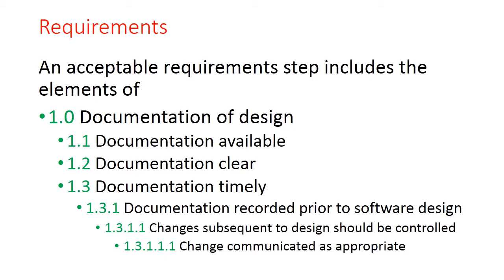Next point is about requirements. An acceptable requirement step includes elements of documentation of design. As I said earlier, before developing any particular software, we must design how it should look and what the working function of that particular LIMS software should be.